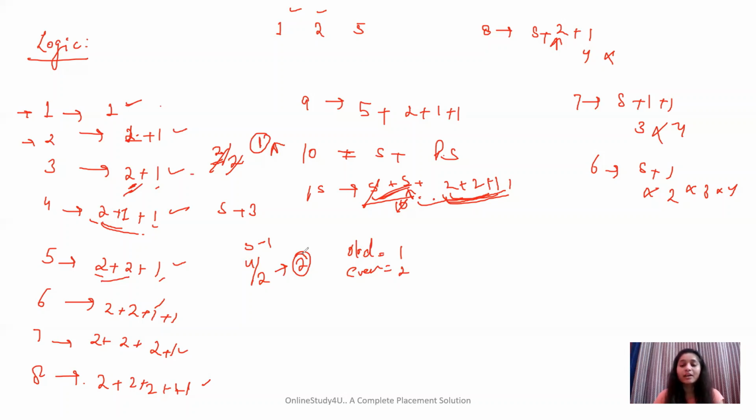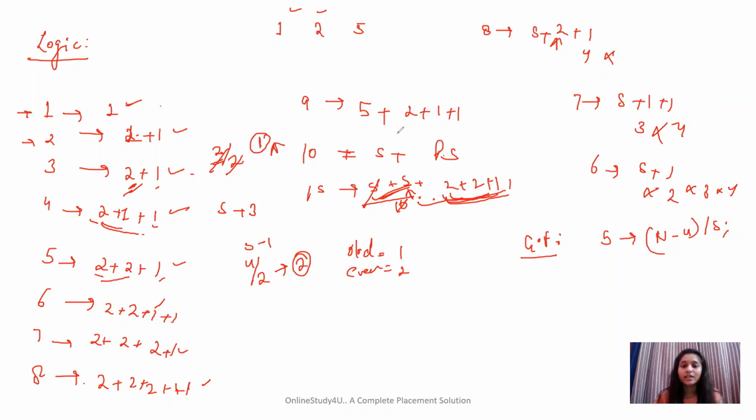Now let's write it in the general form. What can be the general form of this? Let's make a general formula for each type of coin. For the 5 rupee coin, the number of 5 rupee coins to be included is whatever n we get, minus 4, divided by 5. How does this formula work?